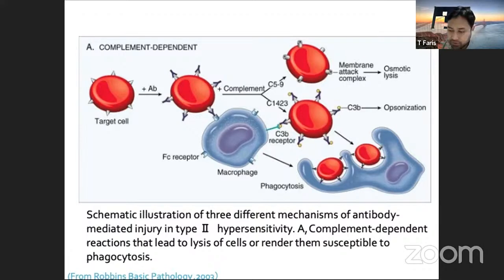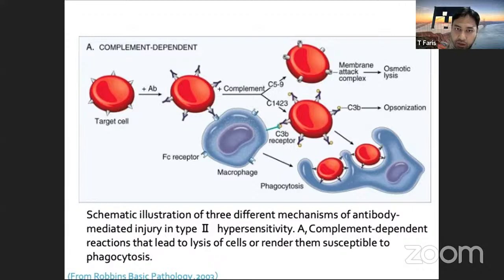Without it, if you just rely on the antibody, it is impossible for the body to get rid of these target cells or invading pathogens. So now you have the complement, like C5 to C9. They will form a membrane attack complex and cause the lysis of the target cell. That is one way, right?